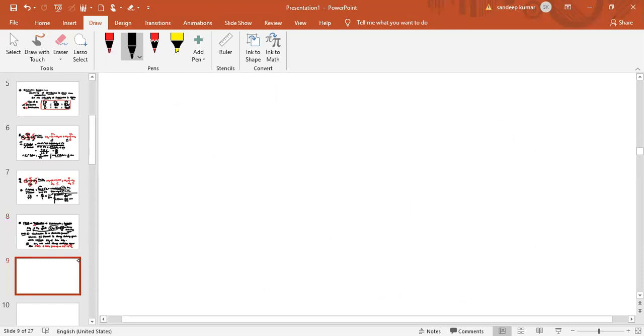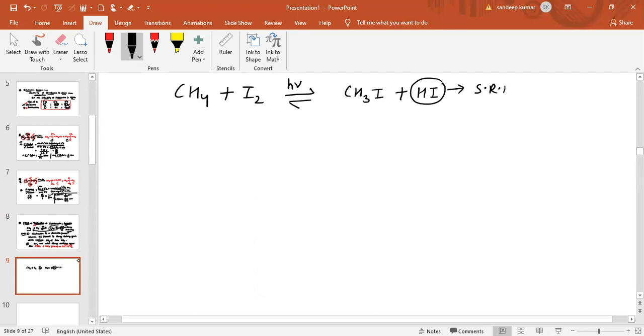Now see. If CH4 reacts with I2 in presence of sunlight, the reaction is reversible and the product obtained is CH3I plus HI. This HI is a strong reducing agent, so due to it the product will again convert into reactant, reversible in nature. So we have to remove this HI.